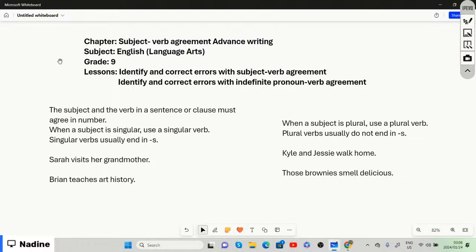All right. So now, like we said, our chapter is subject verb agreement, and we're going to be either identifying and correcting errors, whether it's with subject verb agreement or with indefinite pronoun verb agreement.